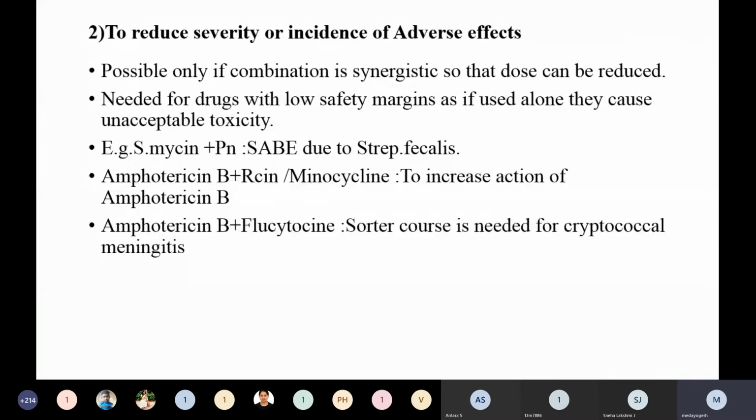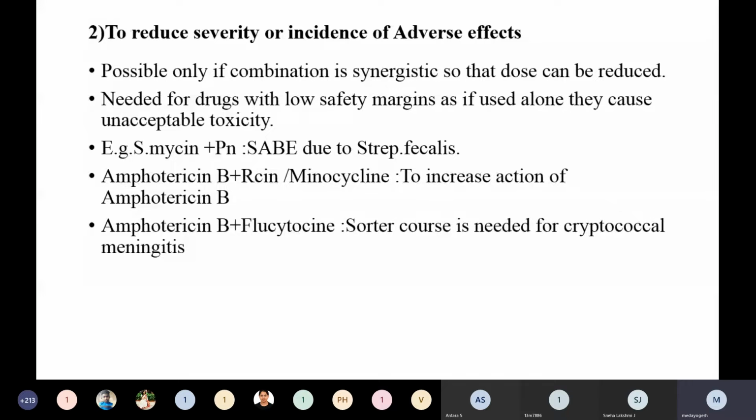As the doses decrease, the adverse effects automatically will be less. The other condition where you need low doses in a combination is for drugs which have a low safety margin, or what we call drugs having a low therapeutic index.